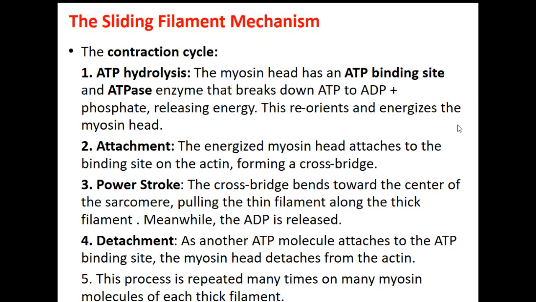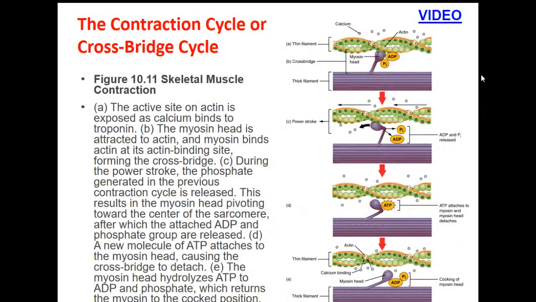And it won't release again until there's another ATP molecule that'll cause it to release, straighten out, hook on, crank. Another ATP molecule. Release, straighten out, crank. So here we see that the ATP molecule has to be there right at that cross bridge in order for it to release and crank again.